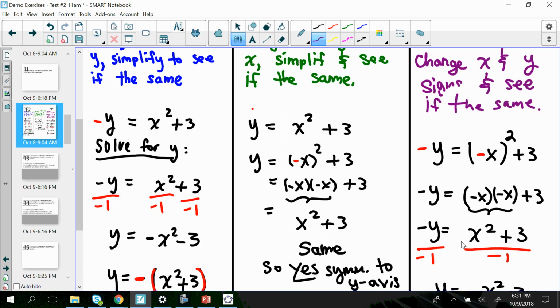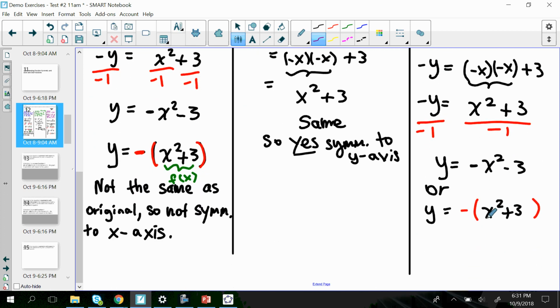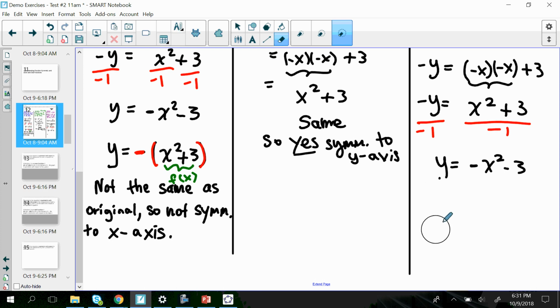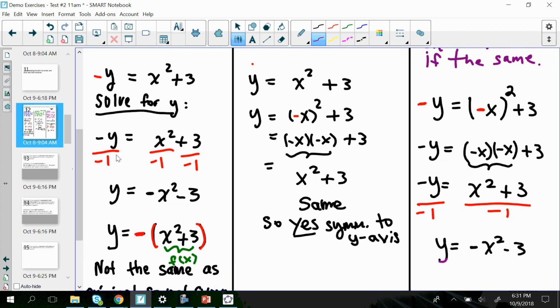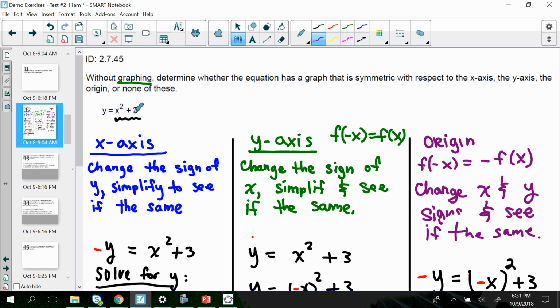And what happened when we plugged it in? Notice that we did not have a resulting equivalent equation. That is not the same as the original that was given. The original that was given up here is y equals x squared plus 3.